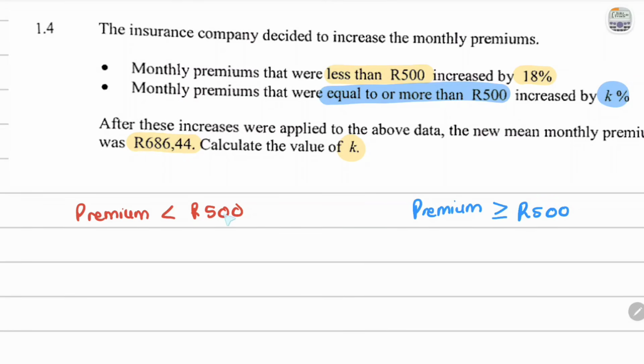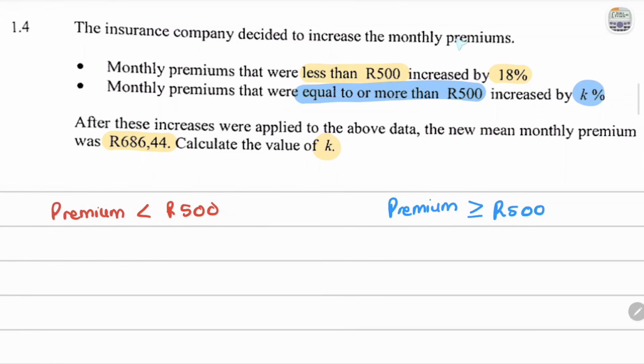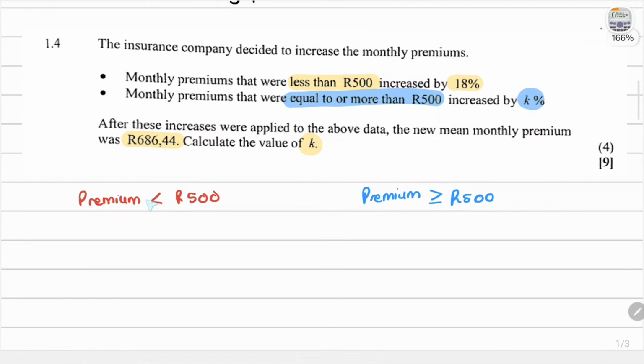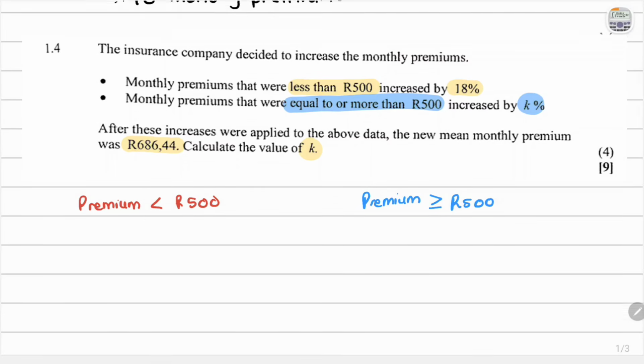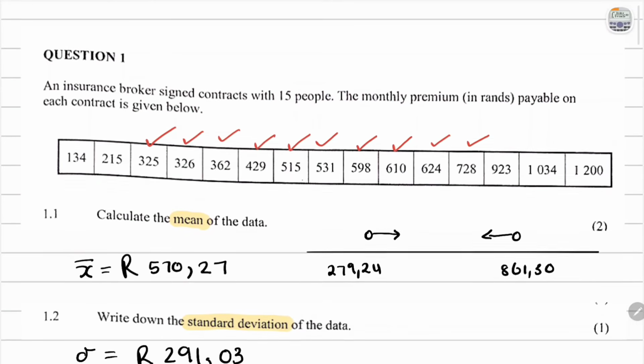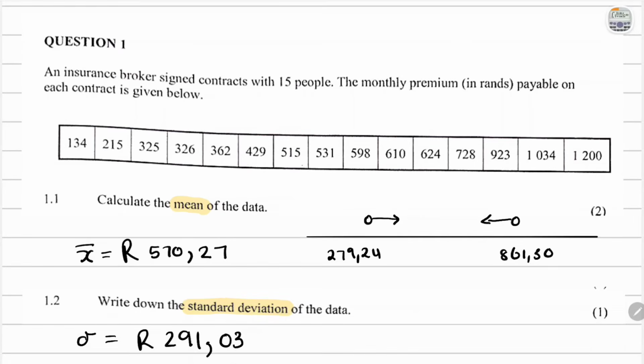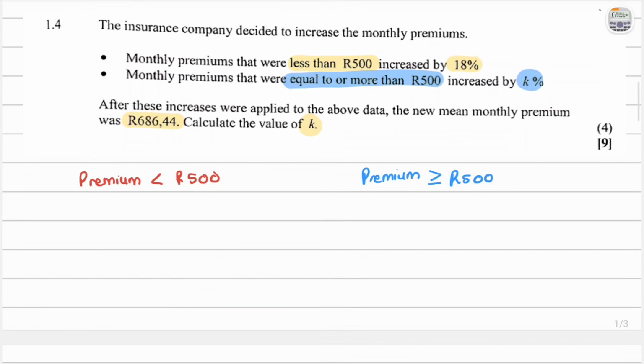This one increased by 18%, that one increases by K%. So the first thing to do is to find out which numbers these are. What are the premiums less than 500 and the ones that are greater than or equal to 500? Let's mark the ones less than 500 Rand in red and the ones greater than 500 in blue.